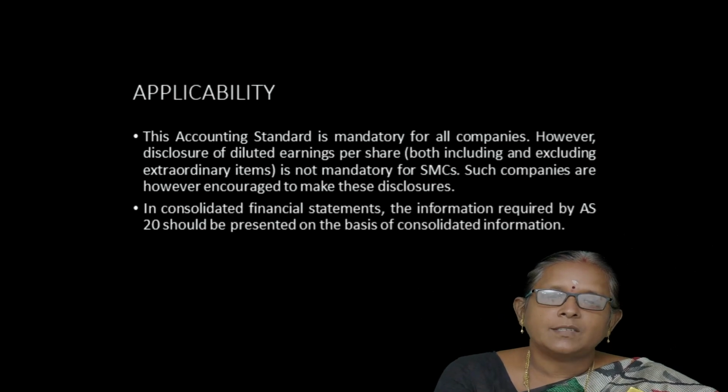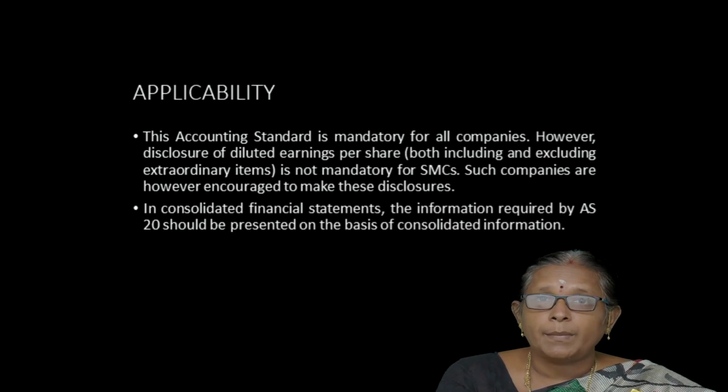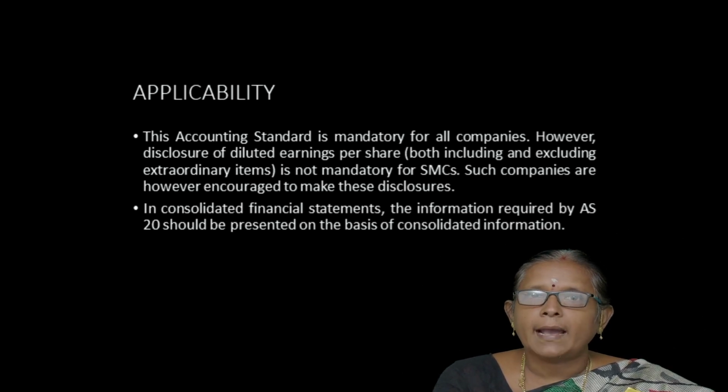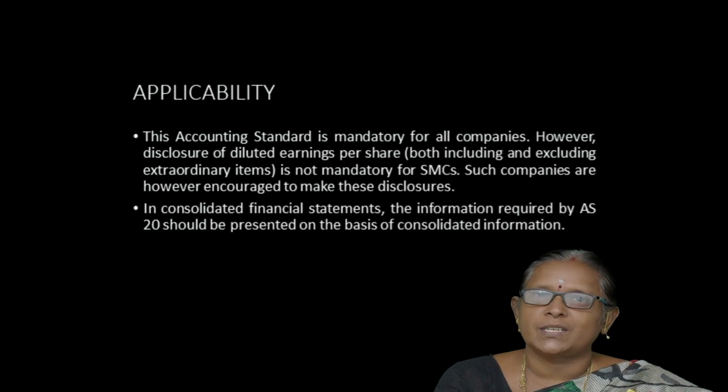Then let's go to the next topic, applicability of AS 20. It is mandatory for all companies, but the disclosure of diluted earnings per share is not mandatory for SMCs, that means small and medium-sized companies. Such companies are, however, encouraged to make those disclosures.